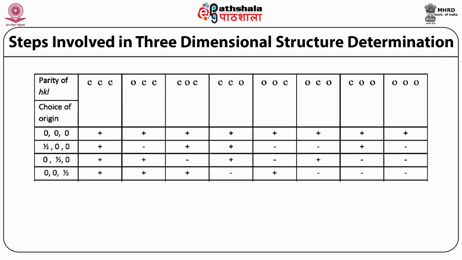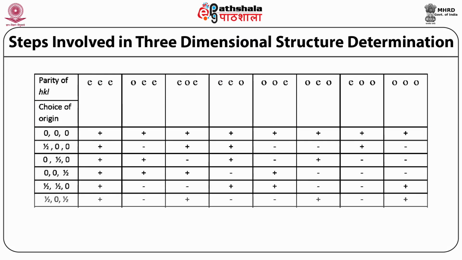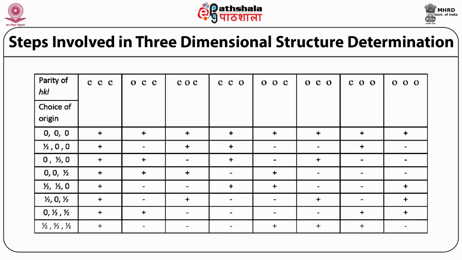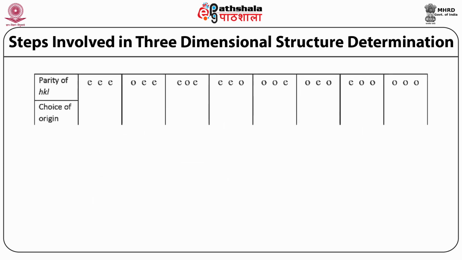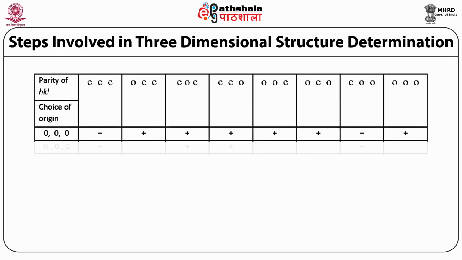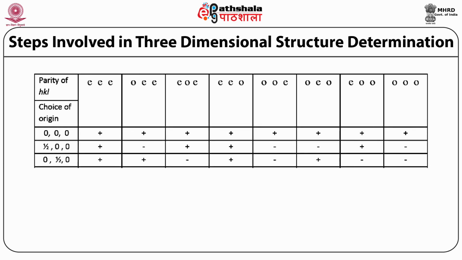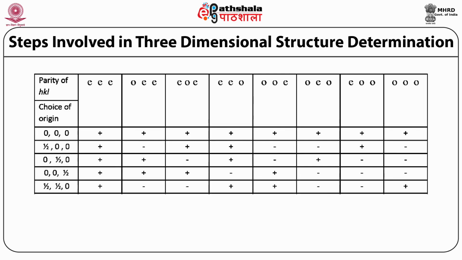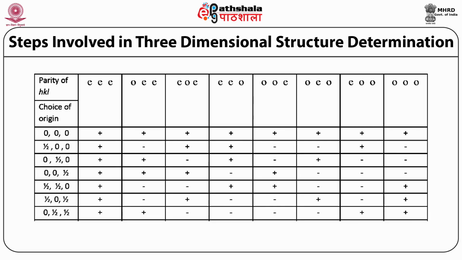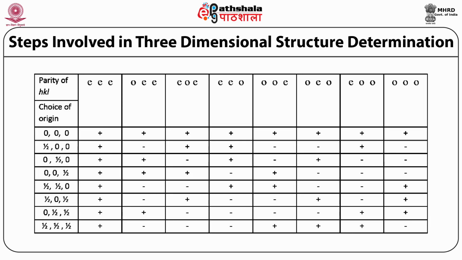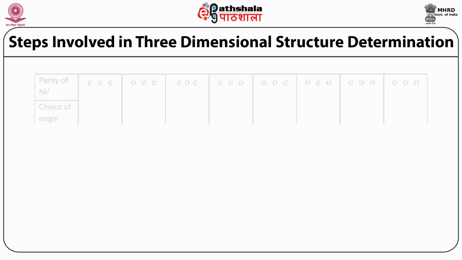How to choose origin defining reflections? What should be the parities of those reflections? To do that, let us consider the reflections having different parities. There are 8 parities possible for any general reflection HKL. H can be even, K can be even, L can be even.